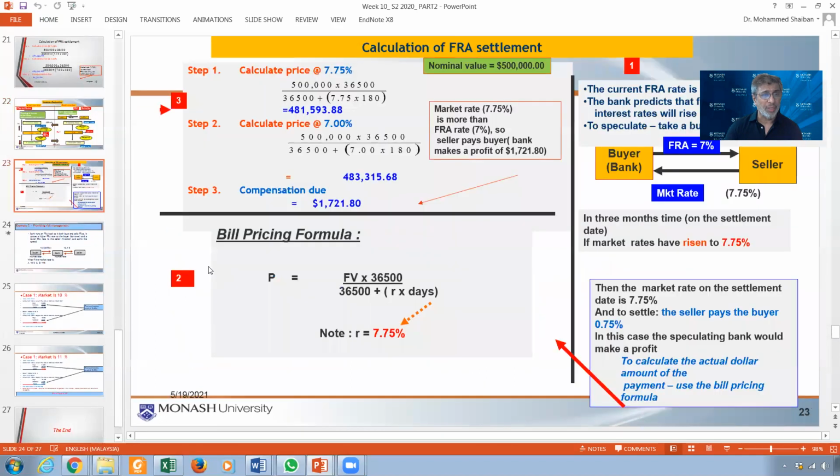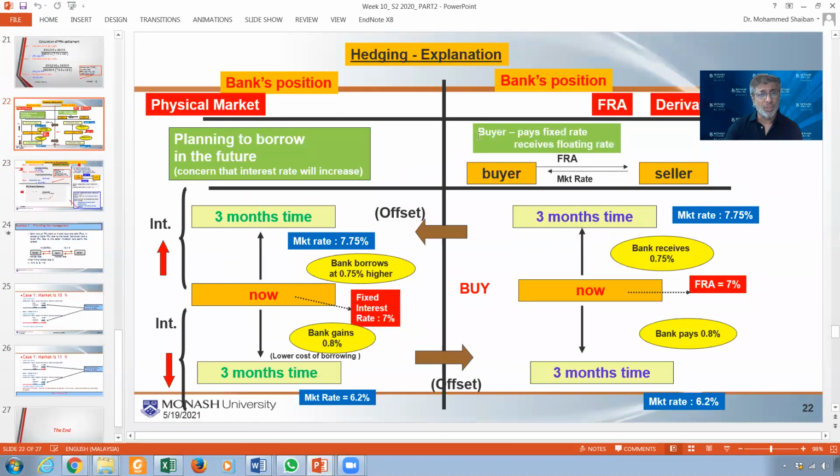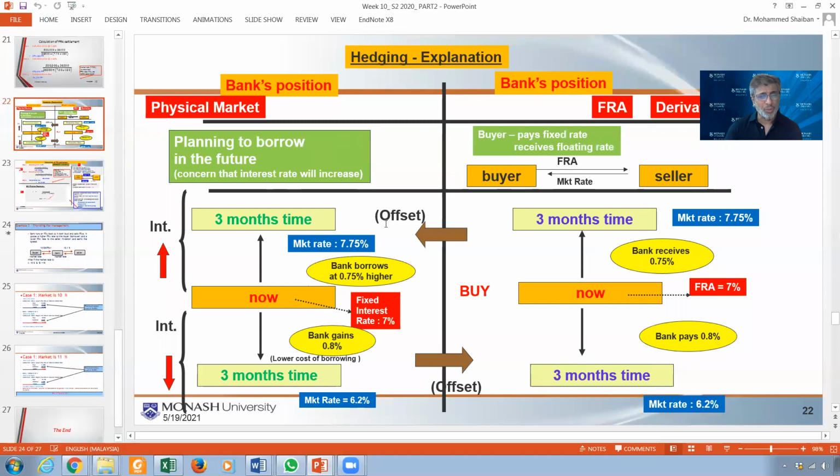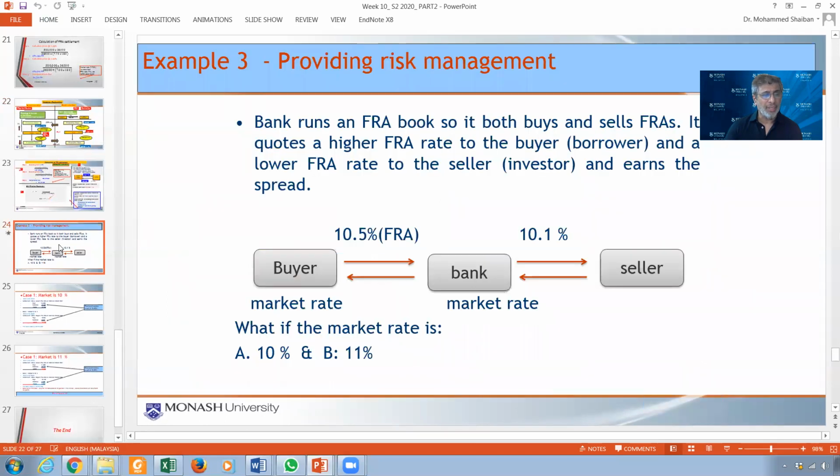That's all for part 2. Even this graph, don't worry about it. If you translate this to calculation, it will be translated here. The graph is just to show you how it works, but actually the calculation is here. So in this part of week 10, we are going to talk only about the FRA.